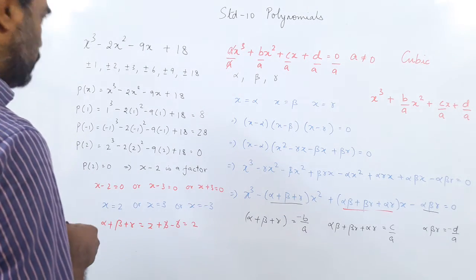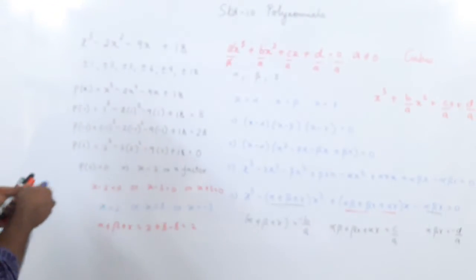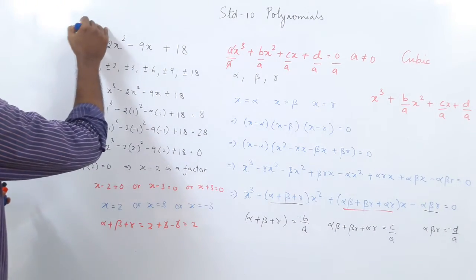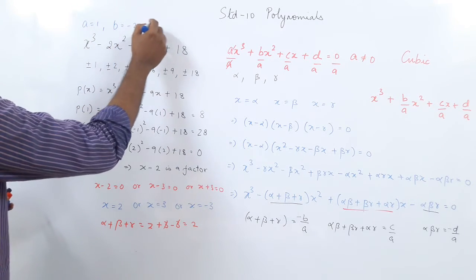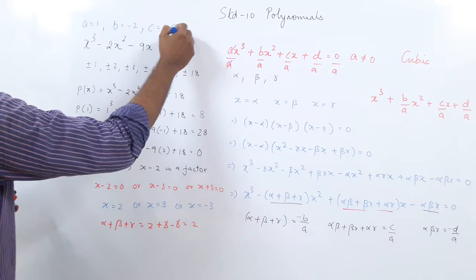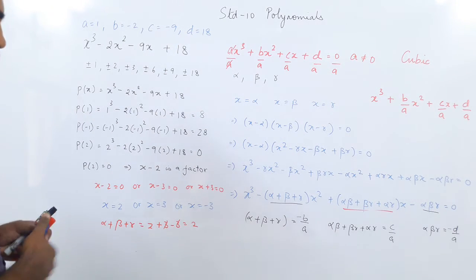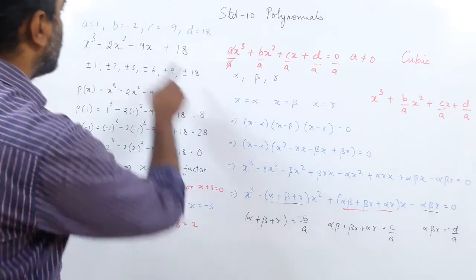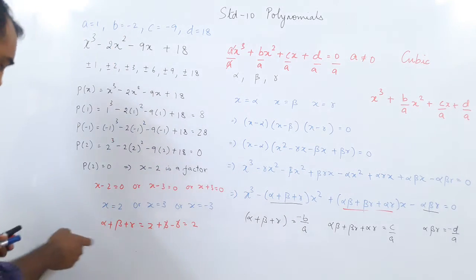Minus b upon a. Here a is equal to 1, b is equal to minus 2, c is equal to minus 9, d is equal to 18. So minus b upon a is minus minus 2 upon 1, that is 2. So it is verified.